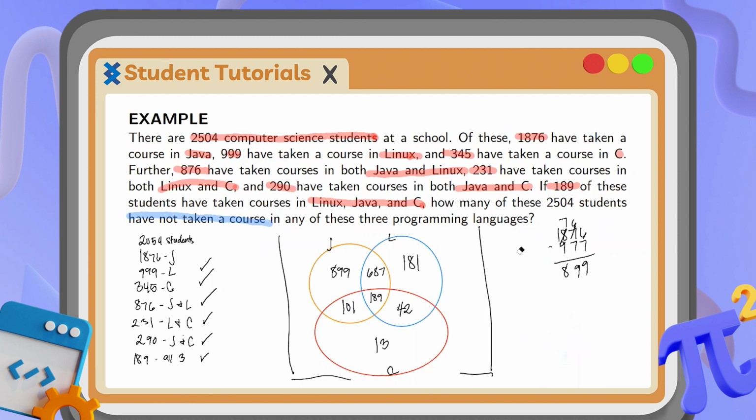And then we take the grand total of the sum to get those that have not taken a course in any of the three programming languages. That would be done by adding all of these numbers and subtracting it from 2,504.